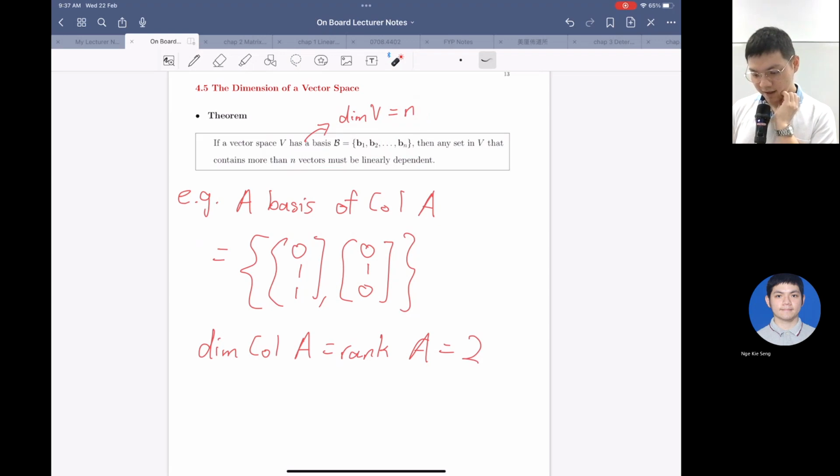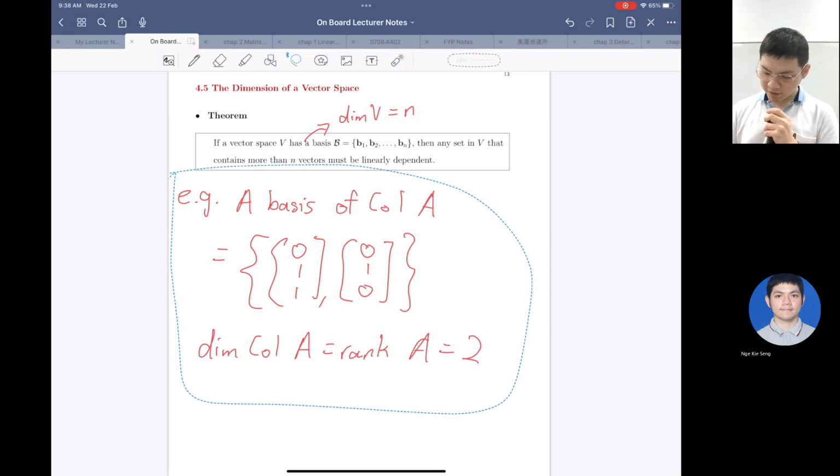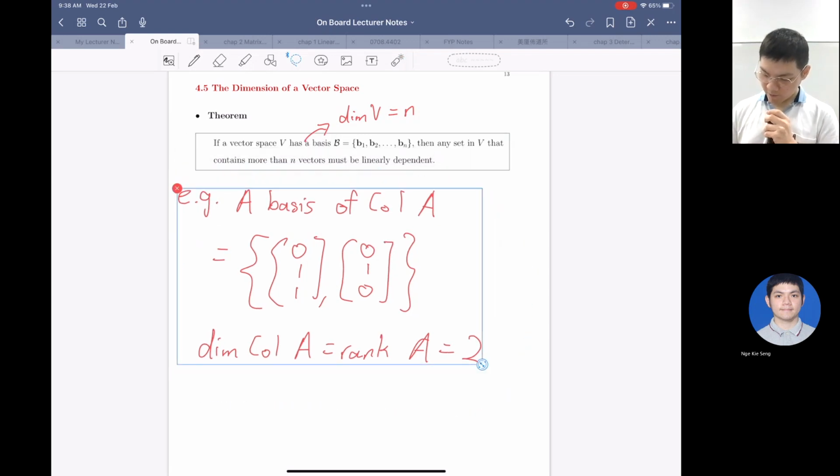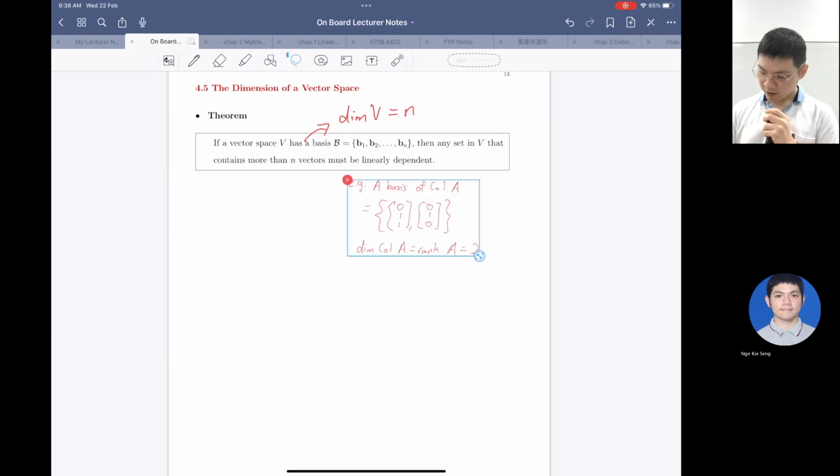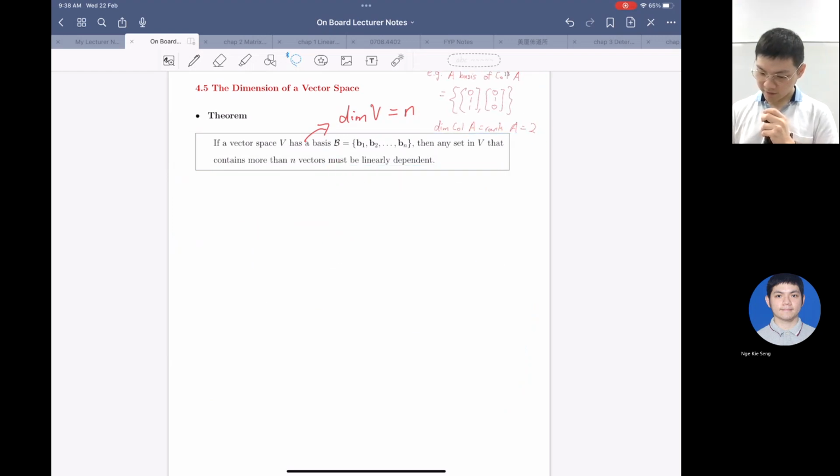There's a theorem: any set in V that contains more than n vectors must be linearly dependent. If you recall, this is quite obvious for Rn.